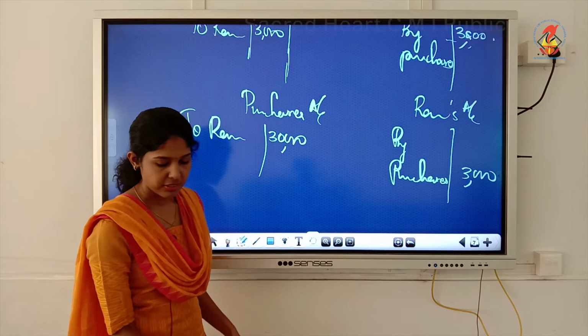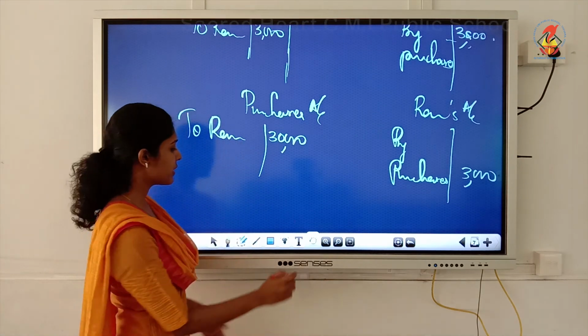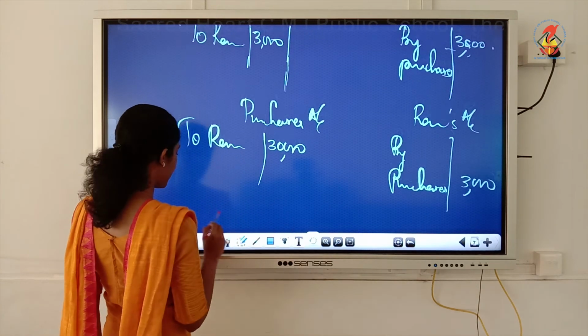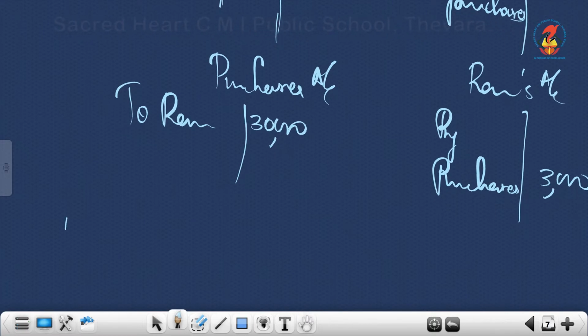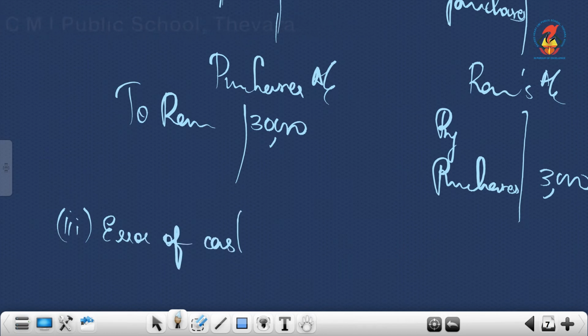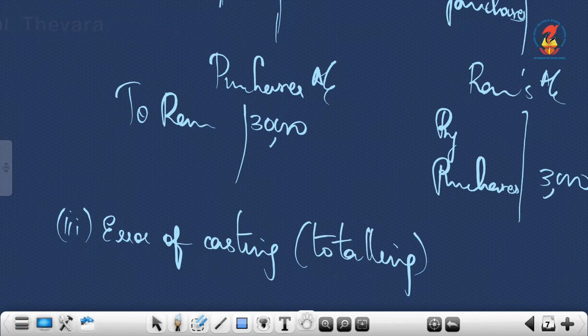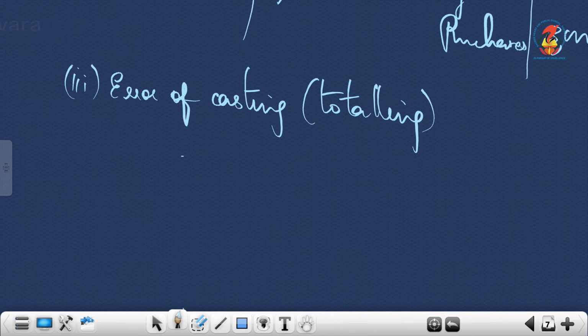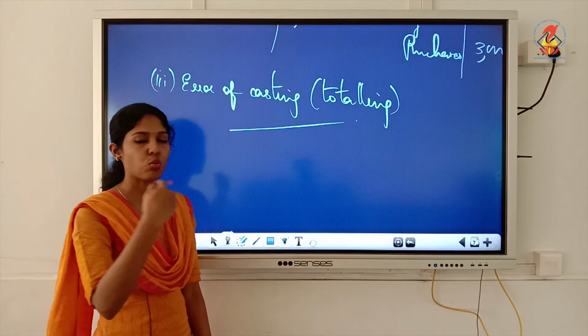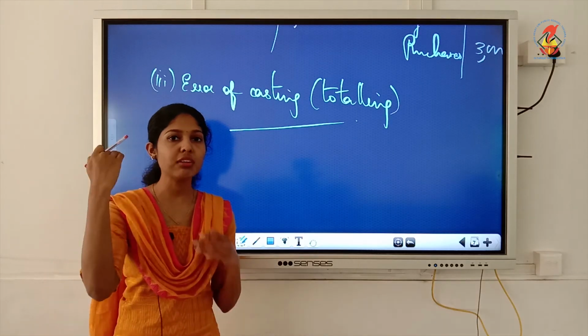Then we have, again under error of commission we are discussing this, the third subhead, error of casting. Casting means totaling. The word meaning of casting is totaling. That means a mistake happened while we were totaling or adding.